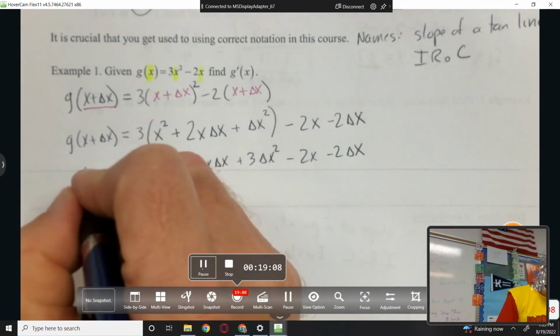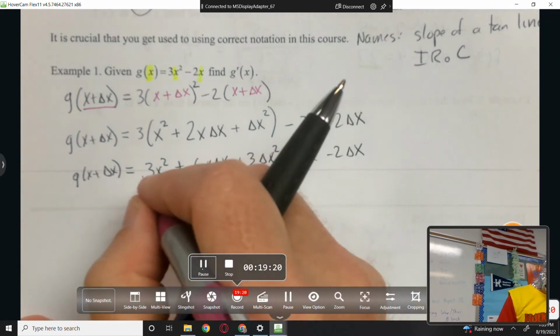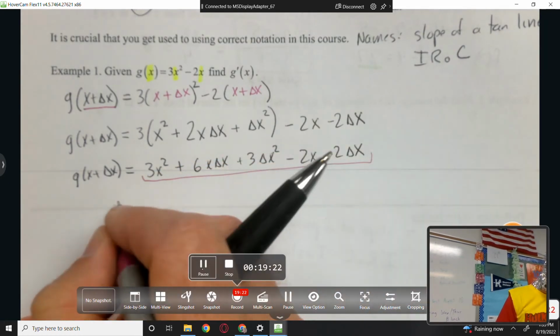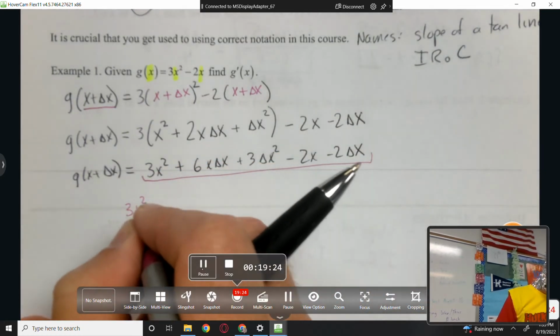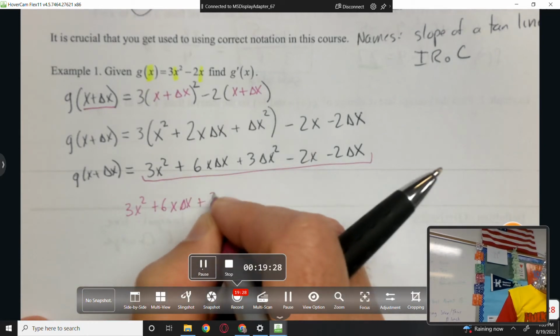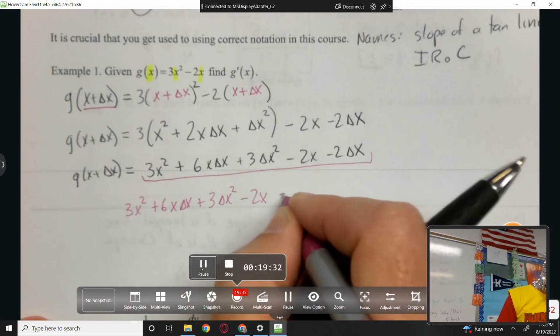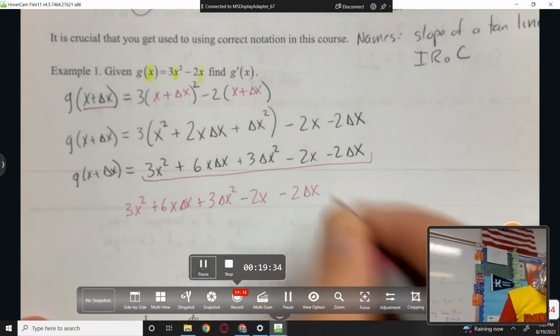Okay, so all that work, and now I'm sort of ready to work the problem. That was all lead up, because now I know what g of x plus delta x is. Yummy. It's all of that stuff. So 3x squared plus 6x delta x plus 3 delta x squared minus 2x minus 2 delta x.